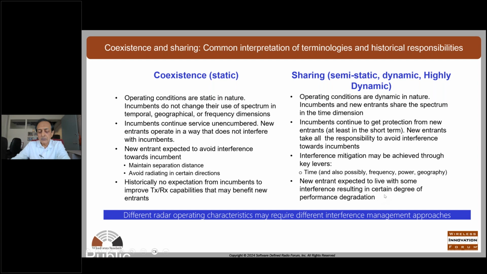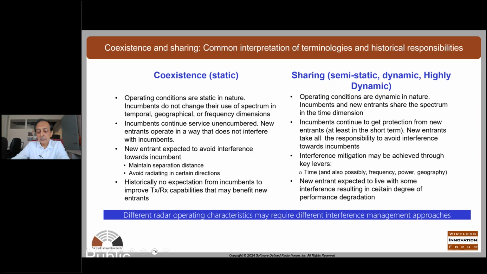So, for example, in the CBRS band, if there is activation of the naval radars in a particular frequency, and the commercial base station was using that frequency, whether it can move to another frequency or not depends upon what is available.